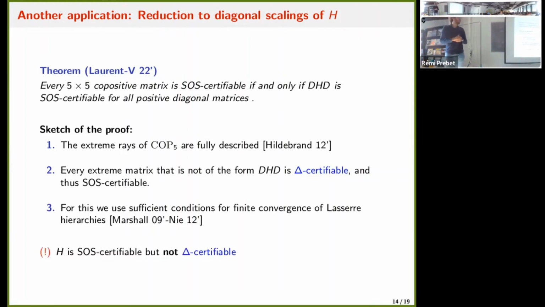But again, there is a warning. The Horn matrix is SOS certifiable, but it's not delta certifiable. So if we want to show the theorem fully, we cannot use the delta certificates. We really have to go to the SOS certificates because the Horn matrix is not delta certifiable.